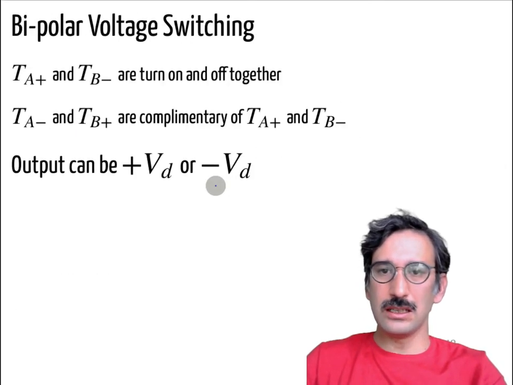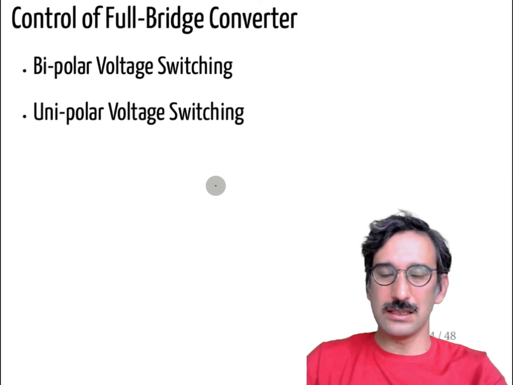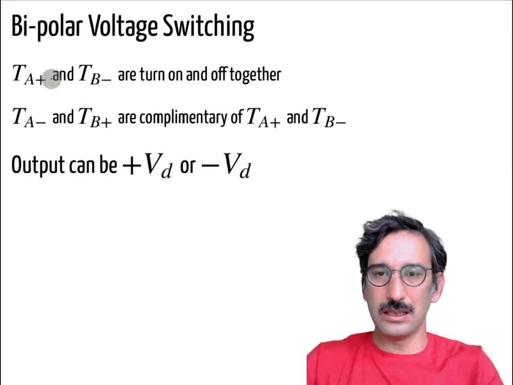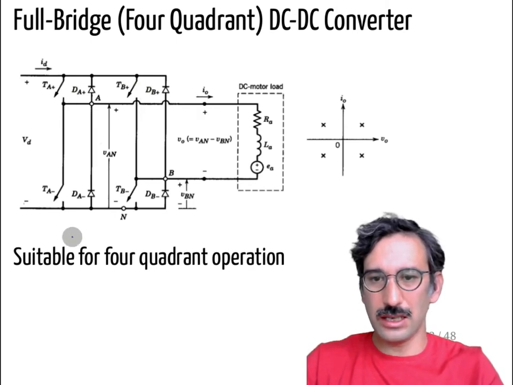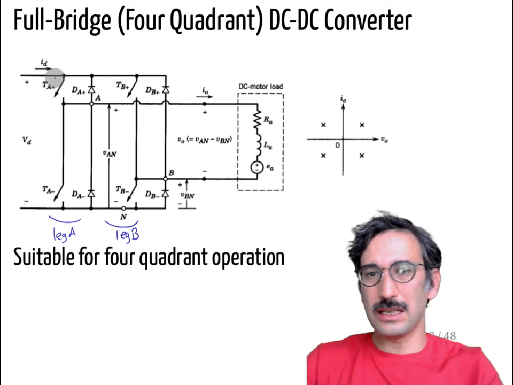So in the bipolar, okay, as the name suggests, you can have two voltage positions. So in that converter, we have TA, so A is this, you can think of that one as the leg A, and this is our leg B, and the leg A top side switch is called TA plus.